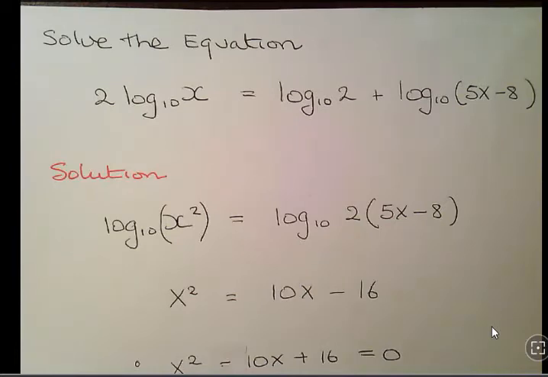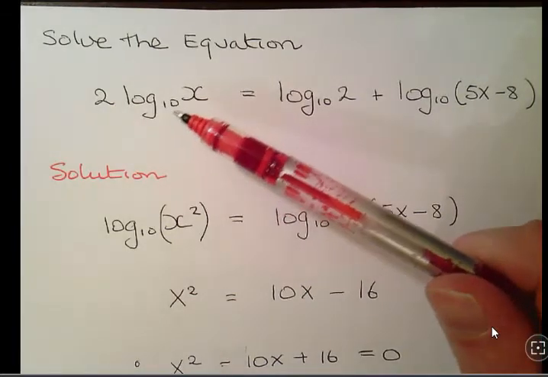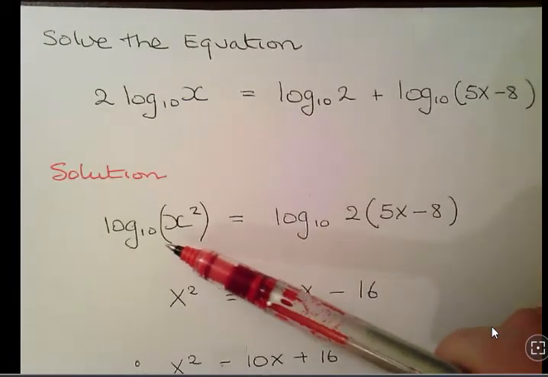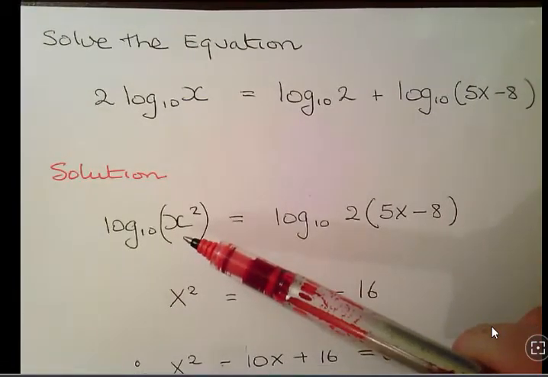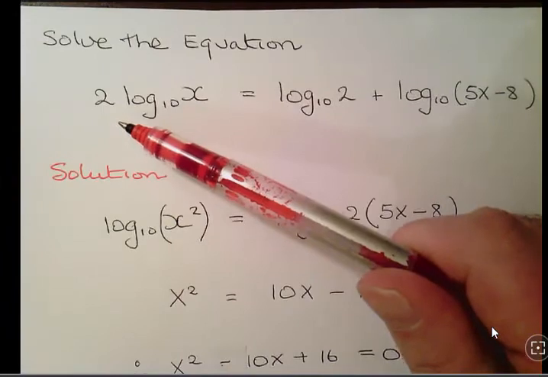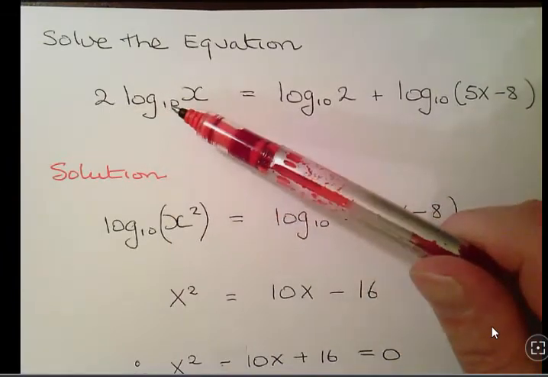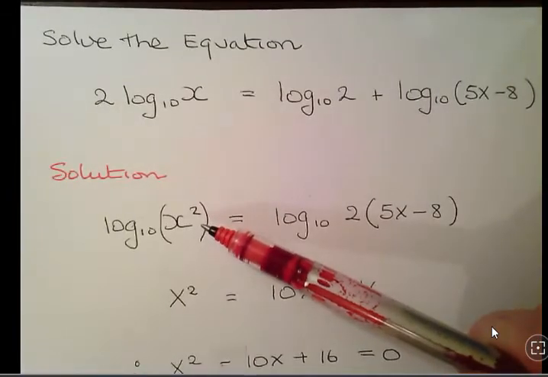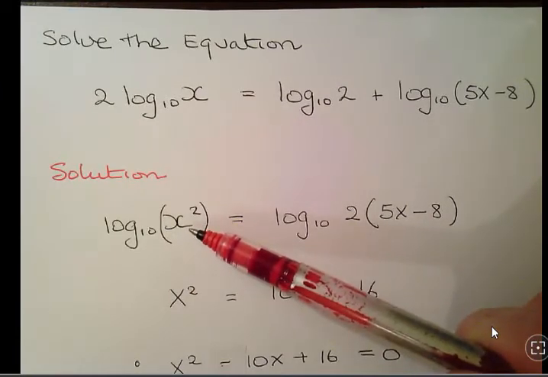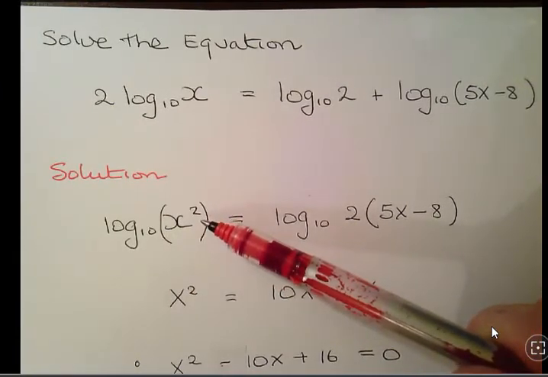I'm going to be a little bit quicker here, but just to remark, if we have 2 log x, that can be written as log of x squared. If we have a power or a multiple of logarithms, we can rewrite that as a logarithm of whatever's in x to the power of that number. It's one of the rules of logarithms.